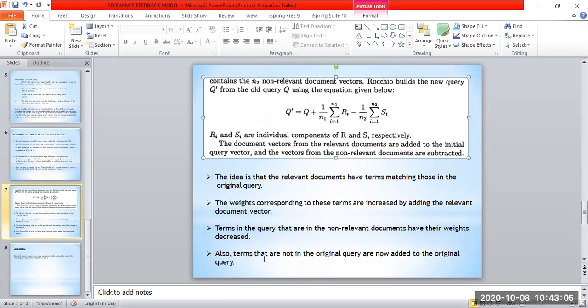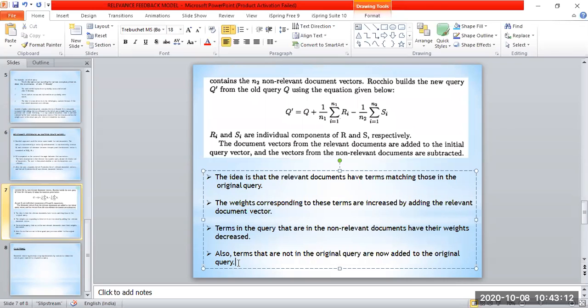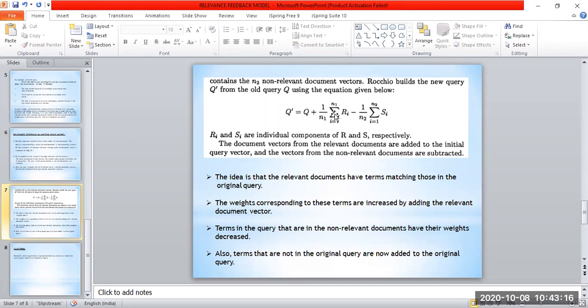Okay. Also, terms that are not in the original query are now added to the original query. So while you are adding the weights of the terms which are there in the query, you may notice that there are some terms in the relevant documents which are not there in the query. So you may notice that those terms are appearing more times.